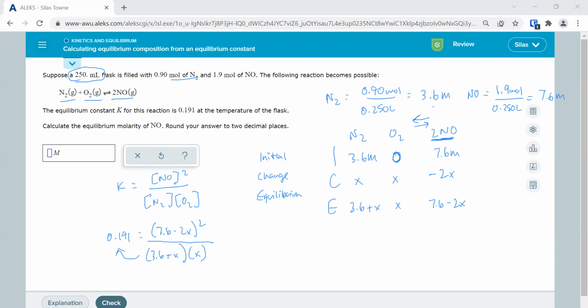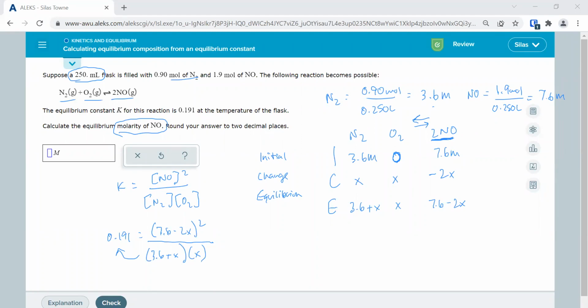We essentially have to solve for X. What is X? And then once we solve for X, it asks for what is the molarity of NO. So that's our product. So we're going to have to find the 7.6 minus 2X and figure out what our concentration of NO is. So we still got a ways to go.